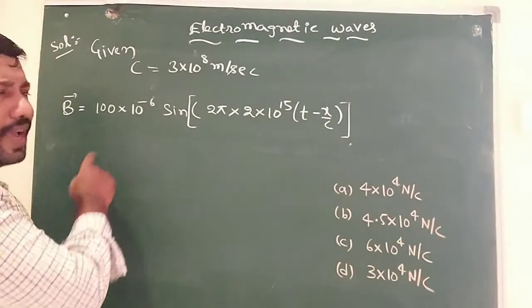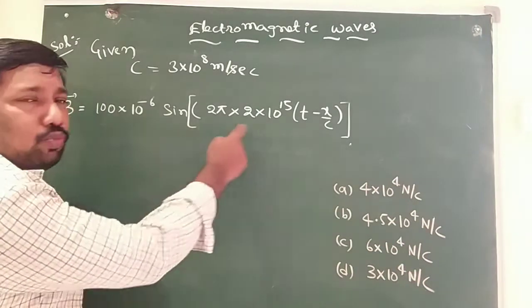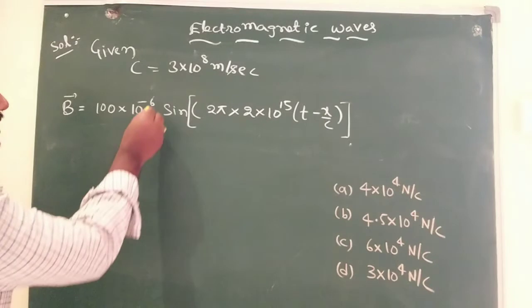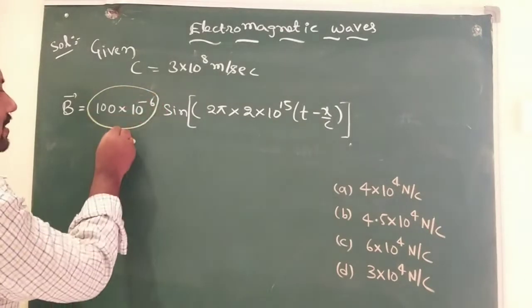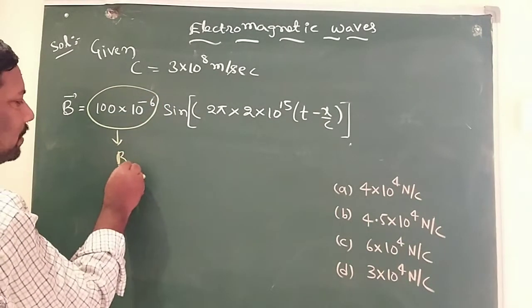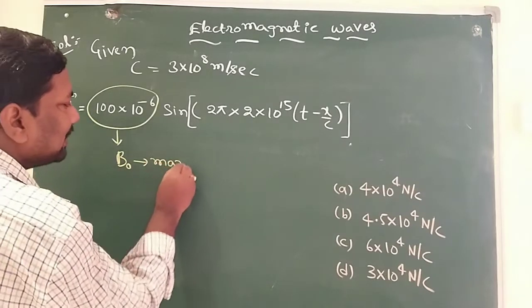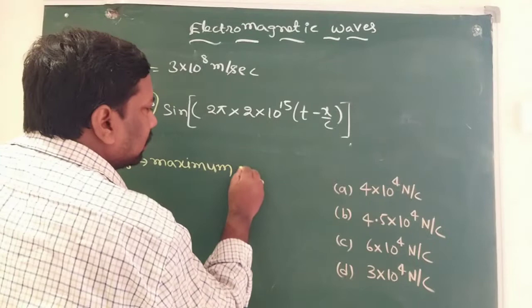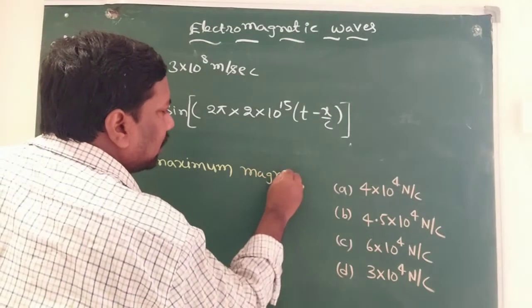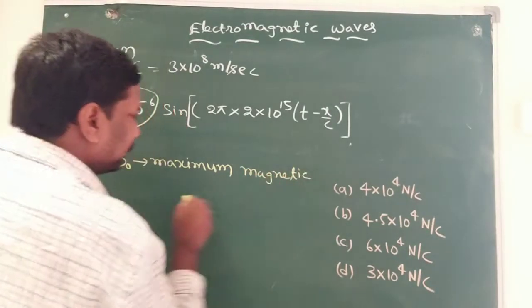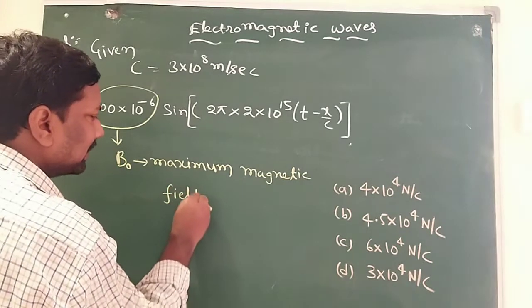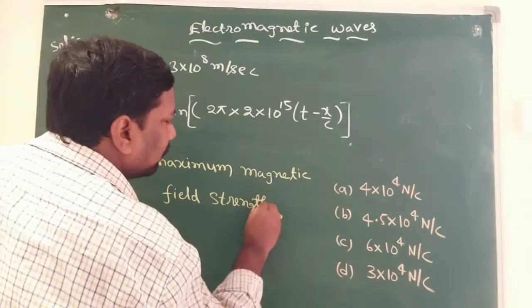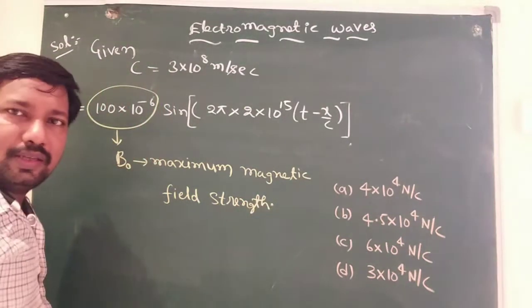It can be written as B bar equal to B naught sine omega t plus phi naught. In this case, this part is treated as B naught. Here B naught is the maximum magnetic field intensity or field strength.